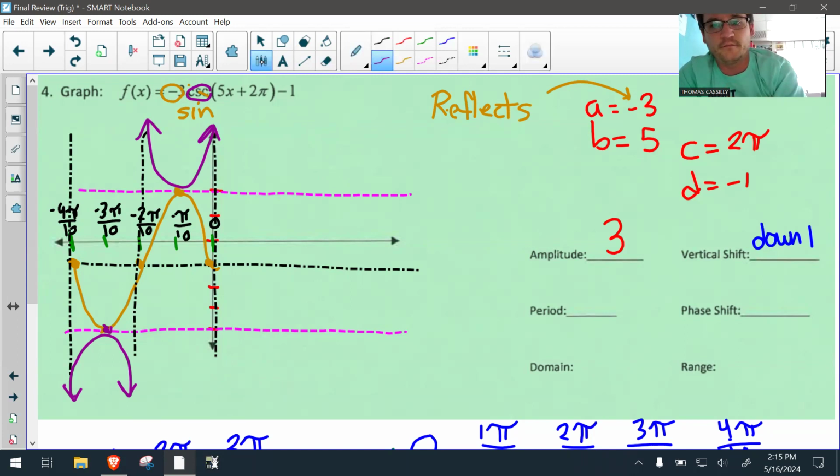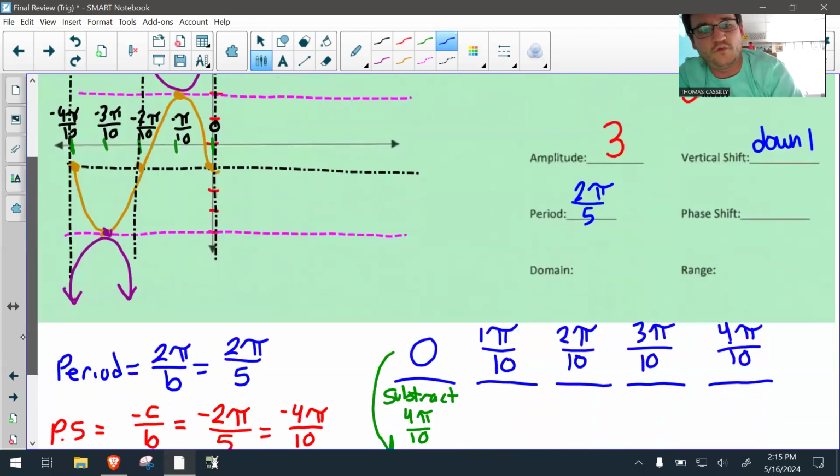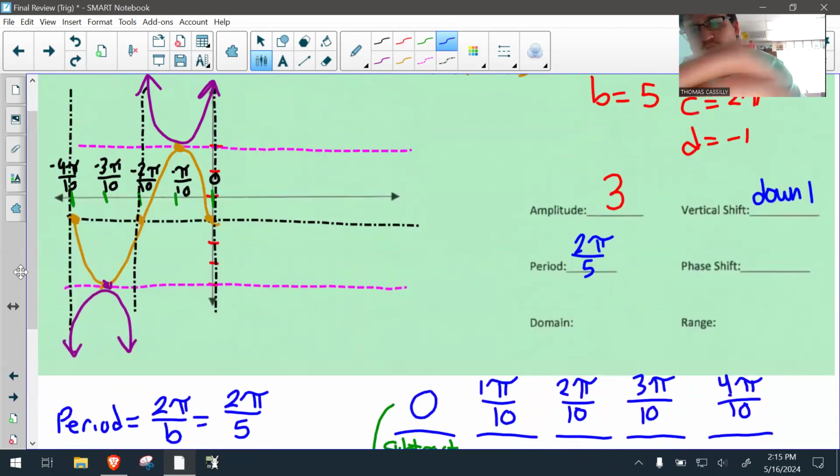The period on this, which we found earlier, is 2 pi over 5. The phase shift was negative 4 pi over 10. The domain is not going to be all real numbers, nor will the range be all real numbers, because keep in mind, we're looking at the purple one.